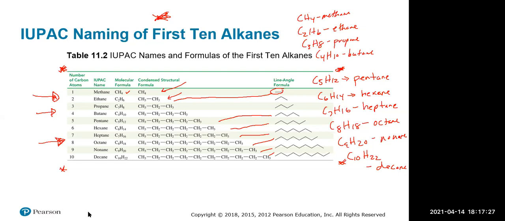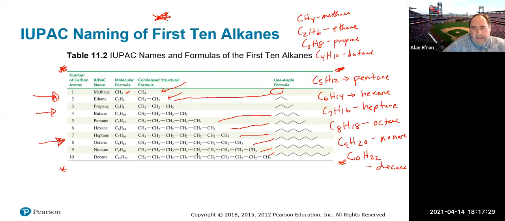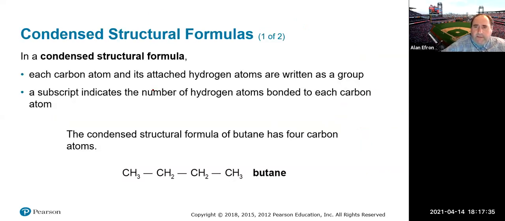Okay, so let us continue on here and talk about some of this stuff here. So we talked a little bit about the condensed structural formula, which again is a very common sort of formula that we do come across here in organic chemistry. And as I mentioned before, we do show the connection almost like the hydrogen to the carbon.